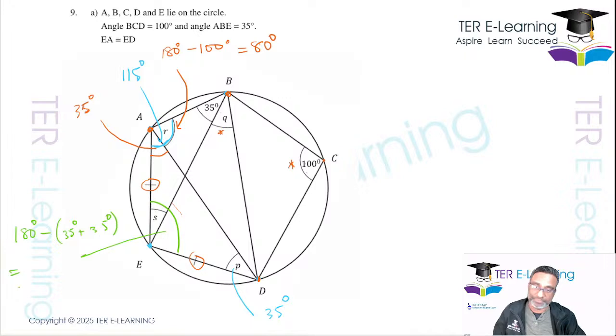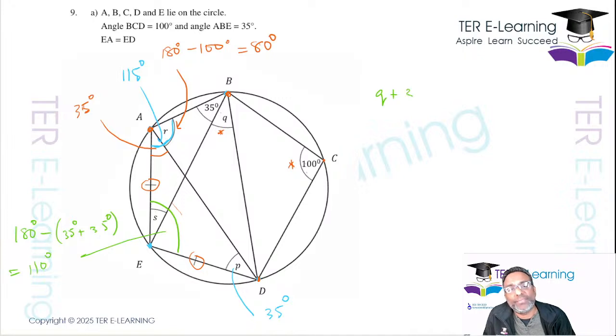So this is 110. So if that's 110, we have another cyclic quadrilateral in play there. So we can say that Q plus 35 plus 110 should equal 180.